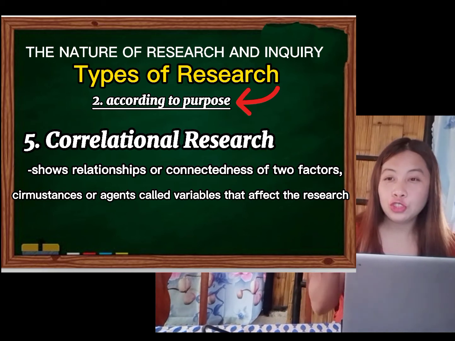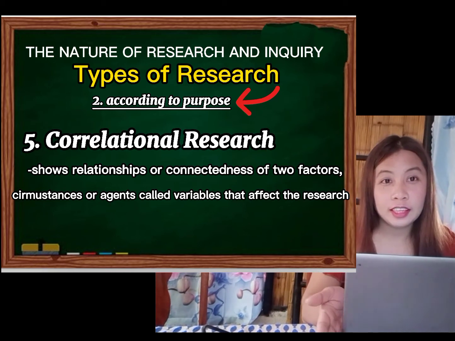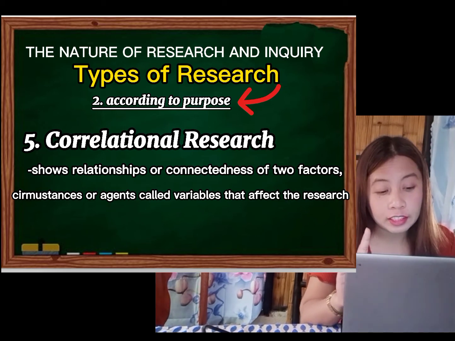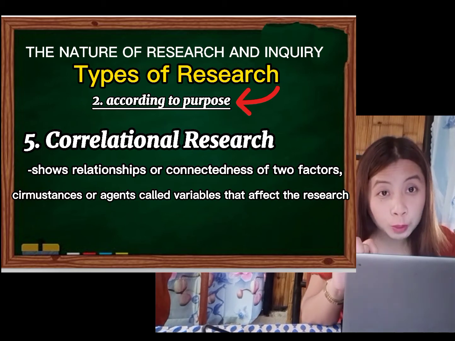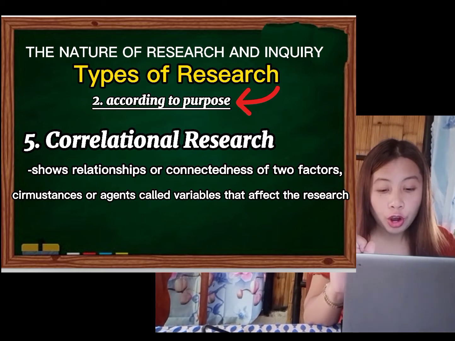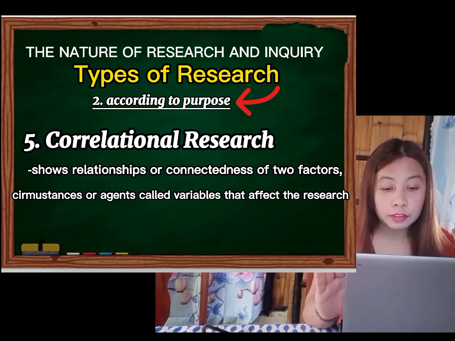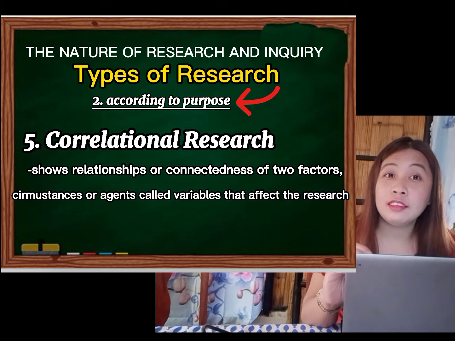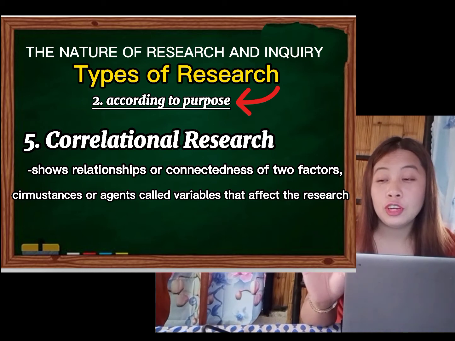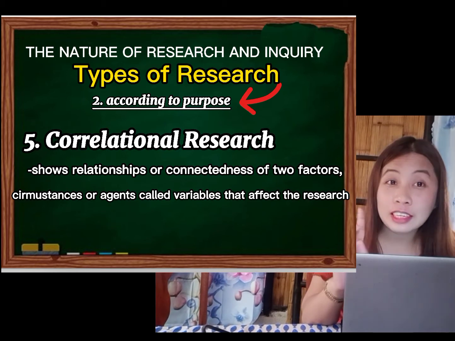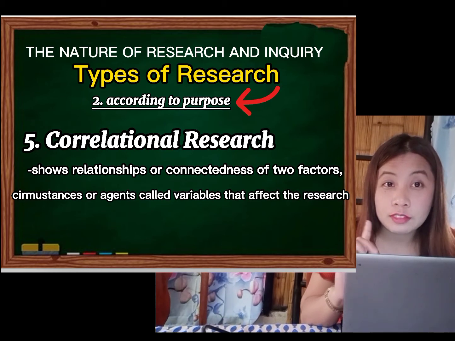Ano ba ang relationship ni ganito at ni ganyan? That is correlational study. Again, circumstances, factors, agents called variables that affect the research. Yung agents na yan, that is the variables that affects the research. What is their relationship? So, that is correlational study.